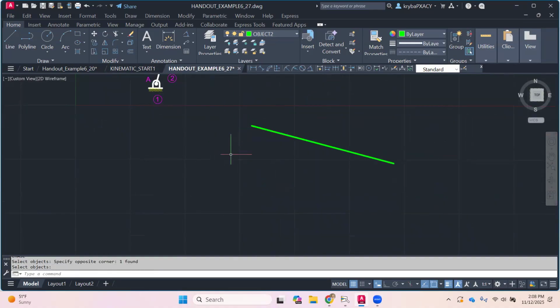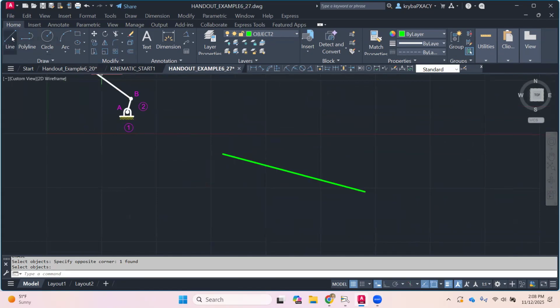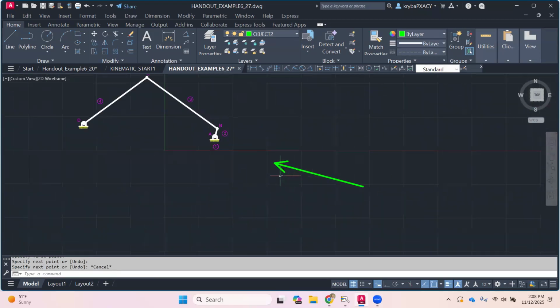And I am going to add my arrowhead going up and to the left for the direction of my vector.